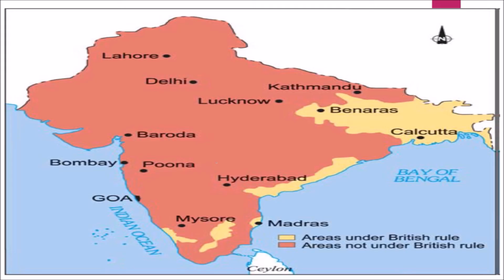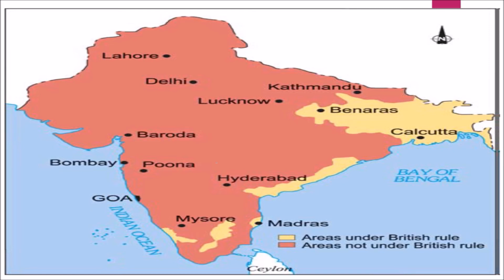Now look at this map. Here we can see the expansion of British territorial power in India. Here yellow color represents area under British rule and red color represents areas not under British rule.